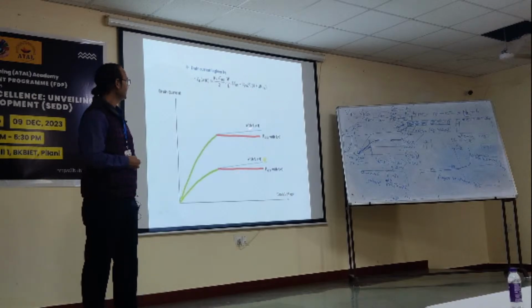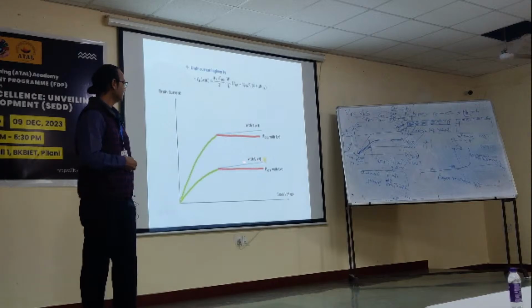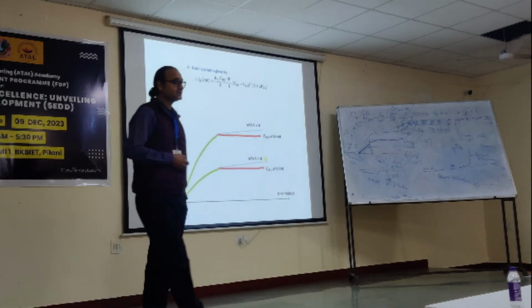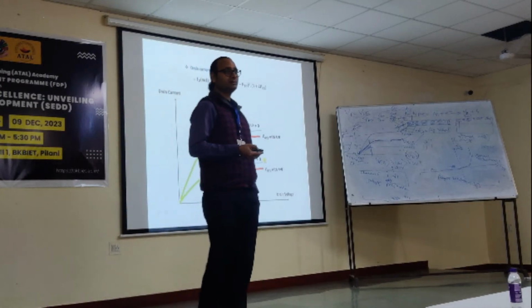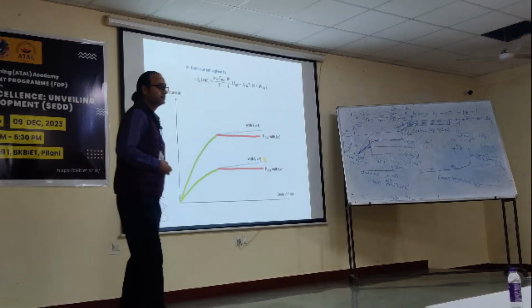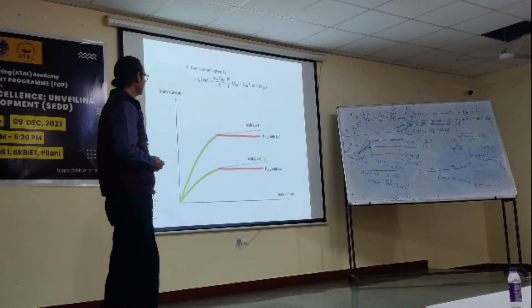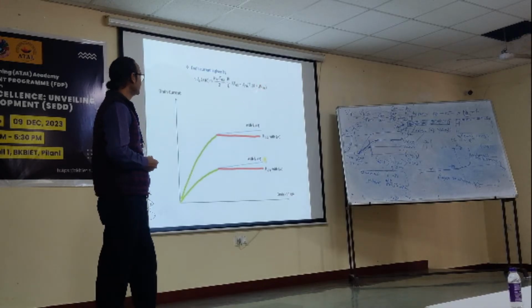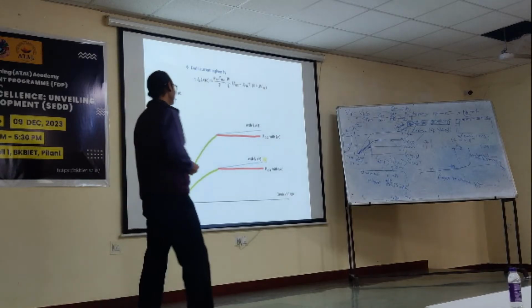However, if there is channel length modulation, obviously it is there in long channel or short. Is this short channel dependent or long channel dependent? No. So we have a separate term there, 1 plus lambda VDS. This is the channel length modulation factor.